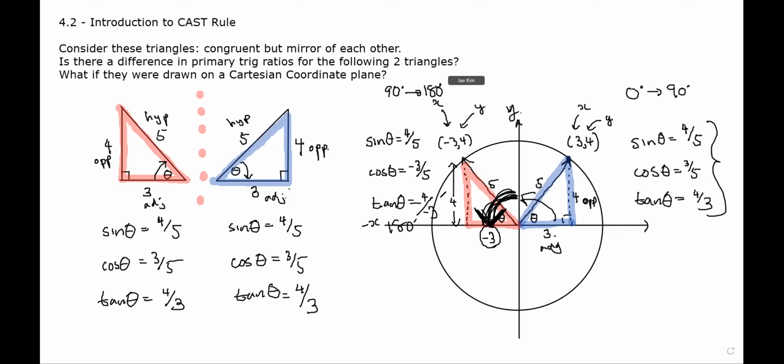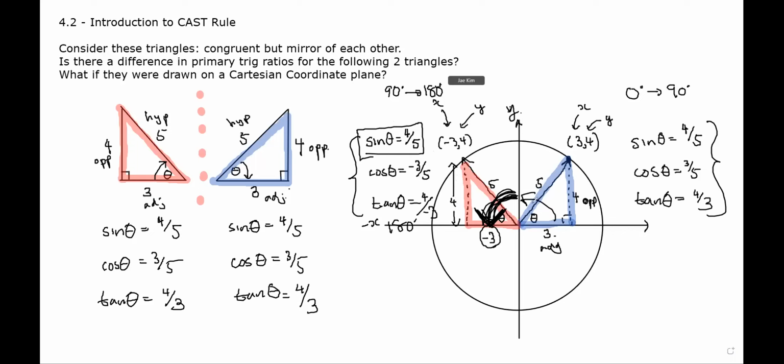Okay. In the second quadrant, every single ratio that uses my x value is going to be negative. In other words, sine is always going to be positive from 90 to 180 degrees, but cosine and tangent are inevitably going to be negative.